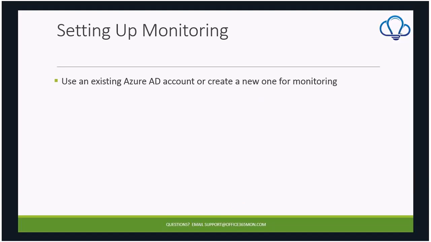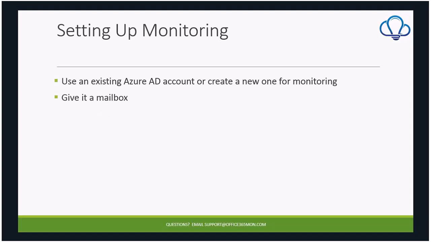And so that's where those Azure AD accounts live that you use when you're connecting to SharePoint Online and Exchange Online. So we're going to take one of those accounts, either an existing one or one you create just for monitoring. A lot of folks will create one just for monitoring.